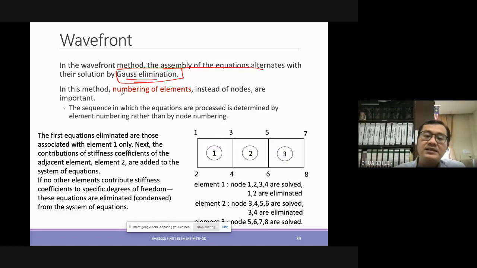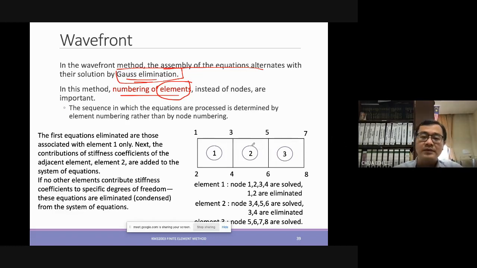So in this method, the numbering of elements is more important. The numbering can be whatever you want, but the numbering of elements is more important. We would want to number it in a sequence. This element is element number 1, element number 2, 3, and so on.